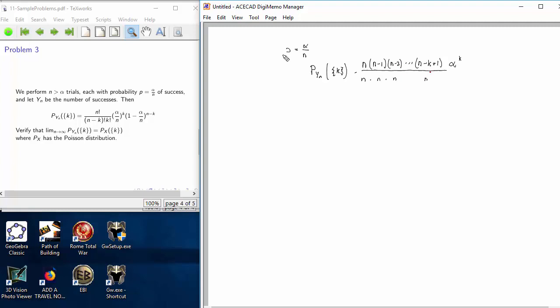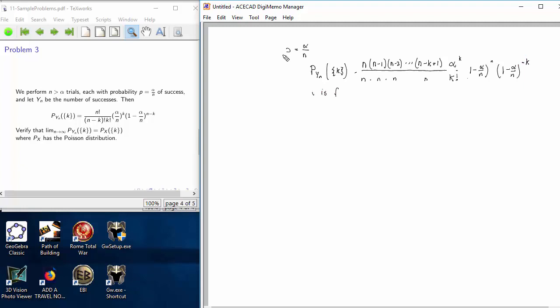I also have in the denominator a k factorial, and then I've got the probability of a failure raised to the n minus kth power because I have n minus k failures. And I'm going to split that up into two factors, 1 minus alpha over n to the n, and the other 1 minus alpha over n to the minus k.